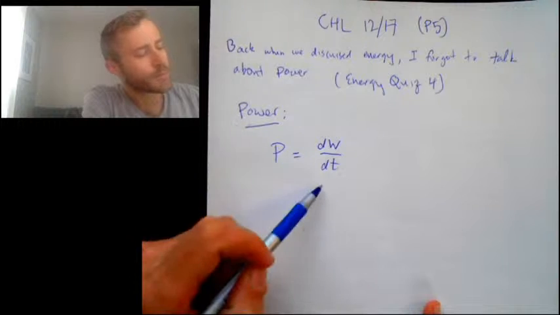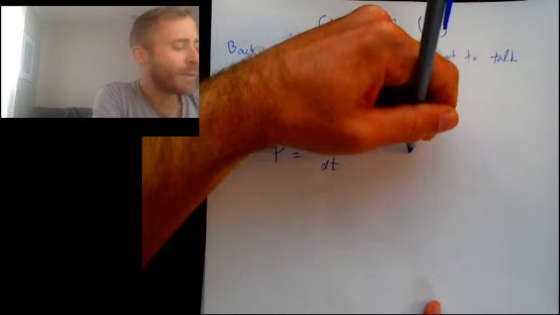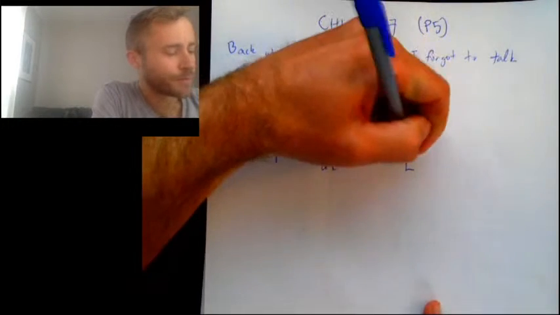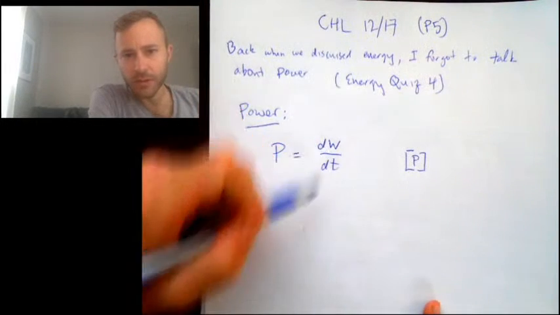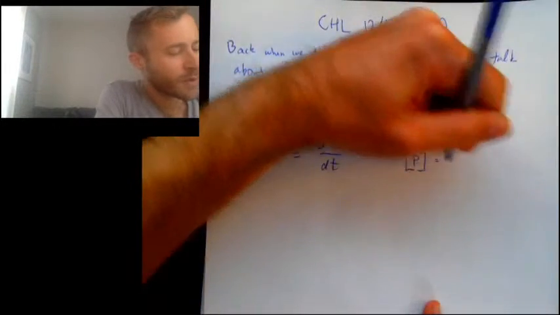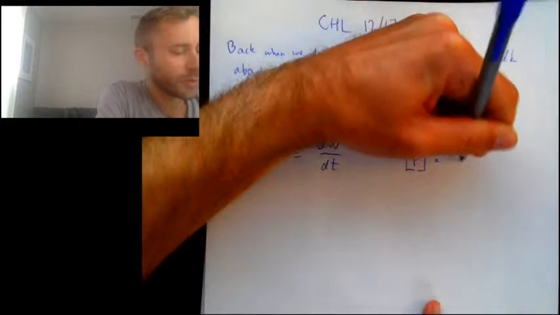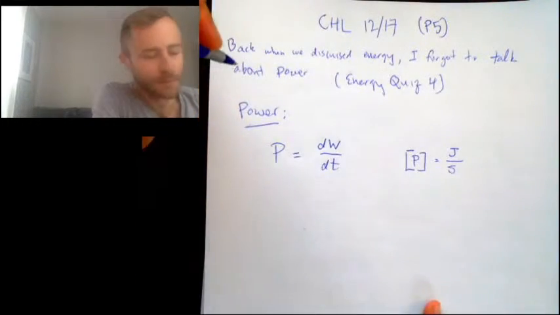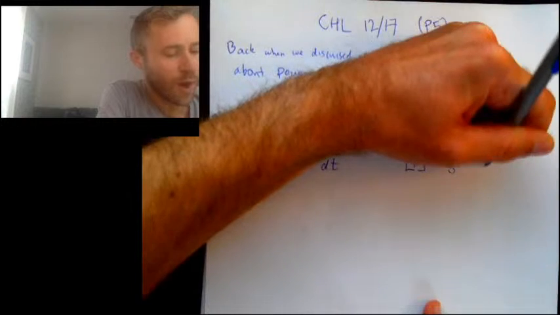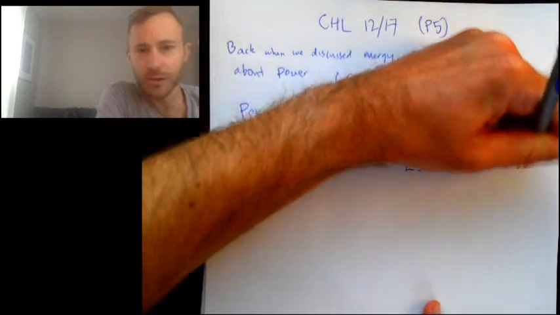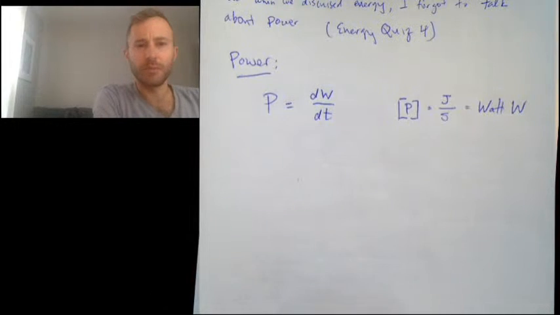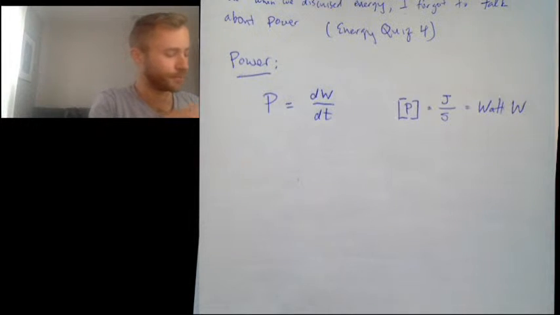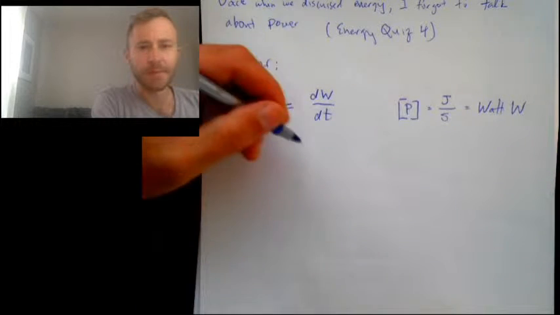So the units of power are units of work divided by units of time, which are joules per second, also known as the watt, W. So power is measured in watts. By the way, this is going to be a really short lesson today.